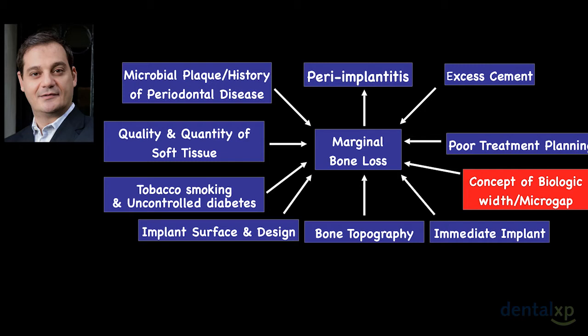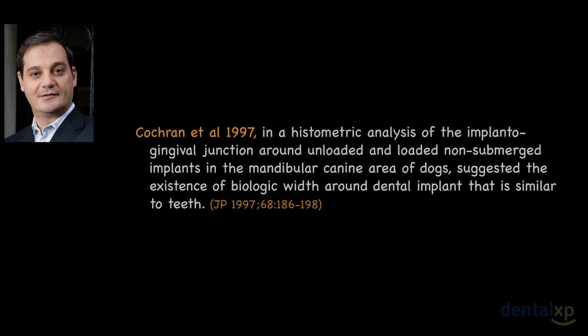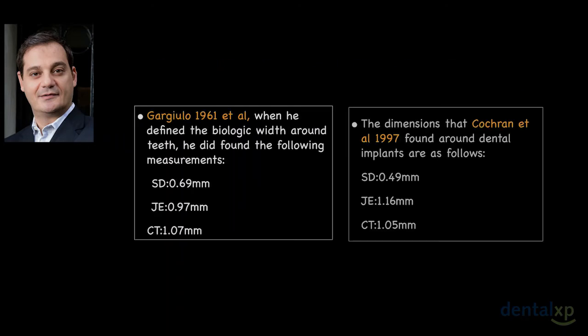There are a lot of case reports, but not enough studies, as you're going to see with the one that Cochrane did in 1997, where they defined the presence of biological width around an implant. This is a concept that took a lot of debate back and forth, but in reality it has been proven.